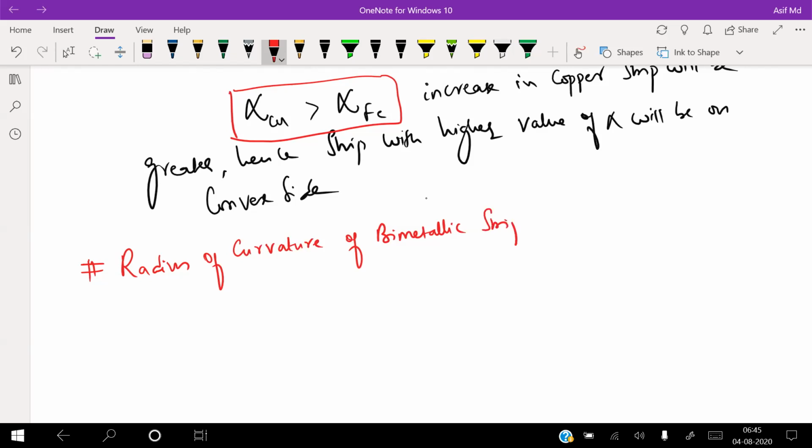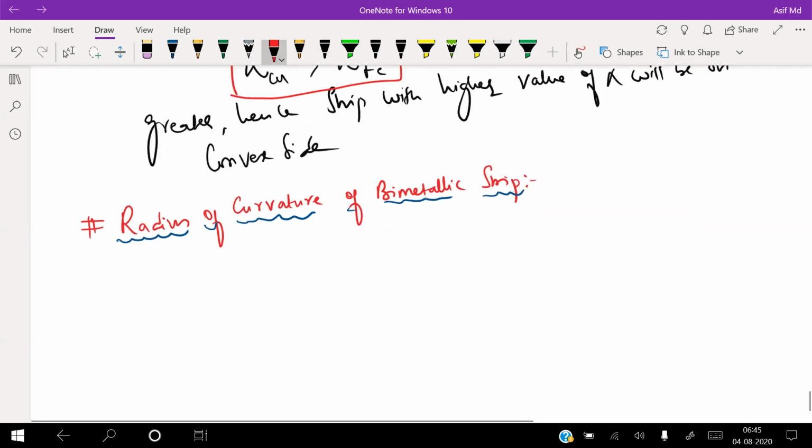A bimetallic strip combination, as I told you just now, is nothing but a strip which is bent like this after heating.